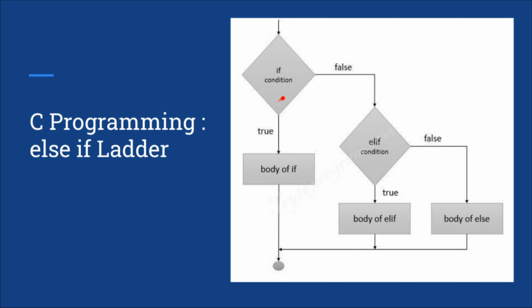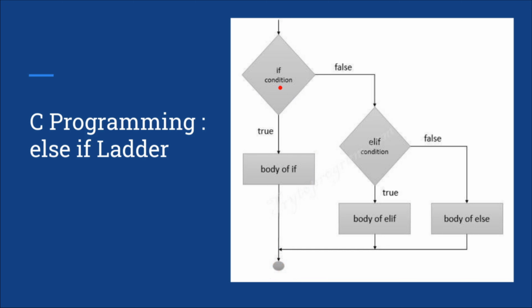So for example, first of all we have a simple if, and we have one condition. The program will start from here and it will encounter an if condition. If the condition is true, it will execute the body of if and the program will stop, right? It will go out of the if statement.